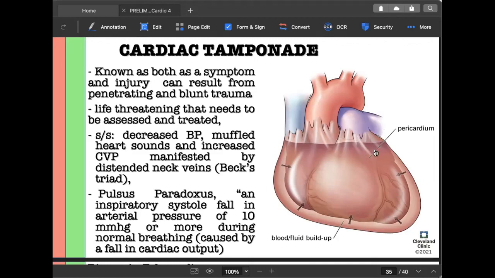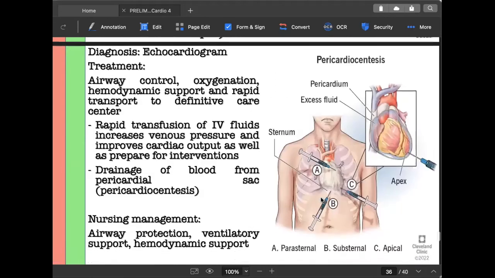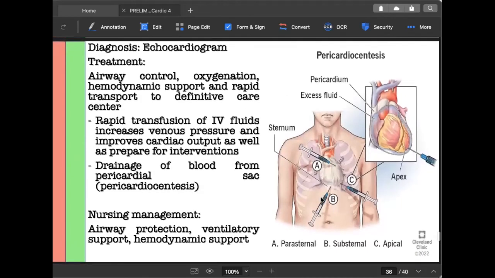As you can see here in our illustration, this is your pericardium, and then there's a buildup of fluid or sometimes blood in our heart. Now, in diagnosing this one, it needs to undergo echocardiogram. Treatment is airway control, oxygenation, hemodynamic support, and rapid transport to a definitive care center.